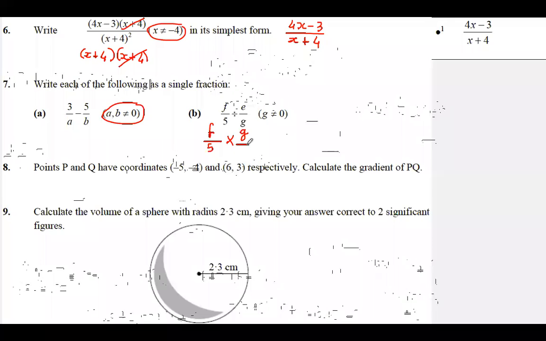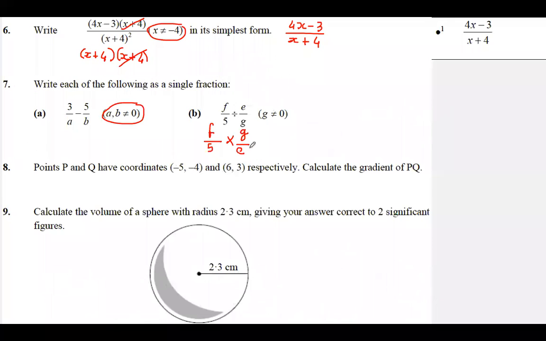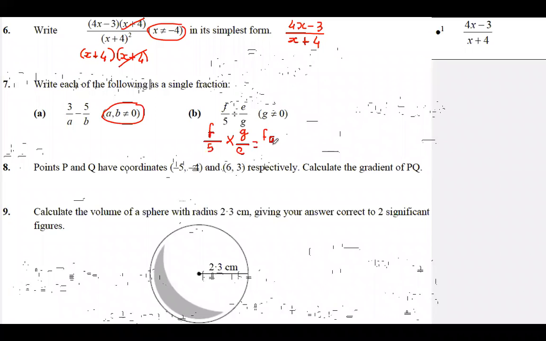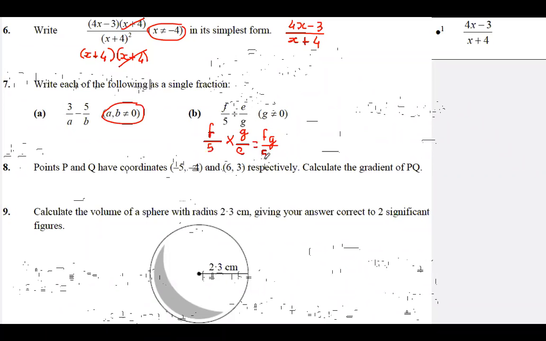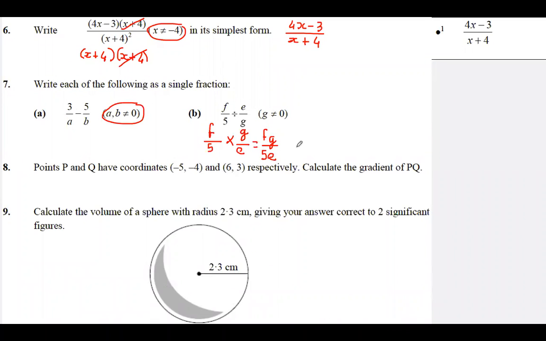And now you can do your kiss and smile. So it's fe, sorry, that becomes FG. Kiss and smile only works when you've got add or subtract. So FG divided by 5E. That's your final answer. Nothing we can simplify here.